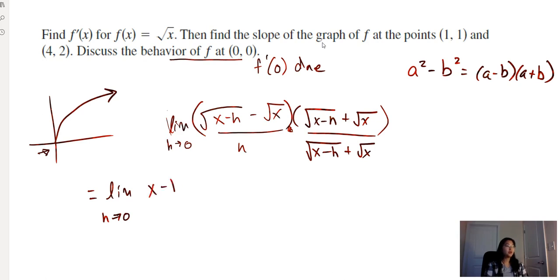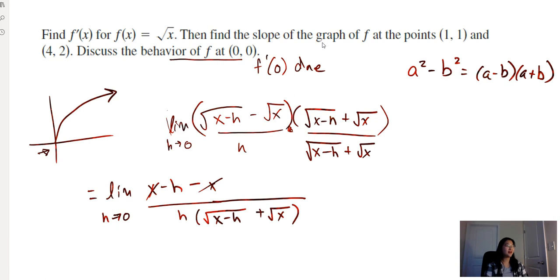We have x minus h, and when I multiply everything else, it cancels except for minus x, so x minus h minus x, all over h. Those cancel. Oh, I need a denominator though. Being irresponsible, I'm just so excited to be recording.